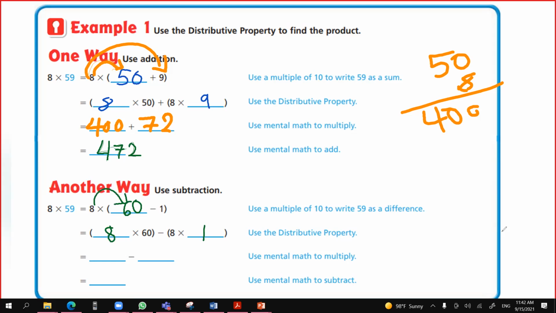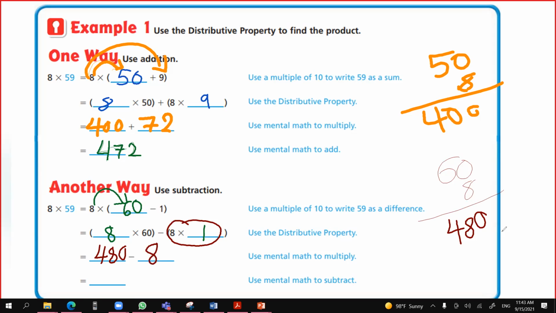Now then, 8 times 60. Let's multiply it here. 8 times 0, 0. 8 times 6, 48. So 480 minus 8 times 1. Yes, 8 times 1, 8.